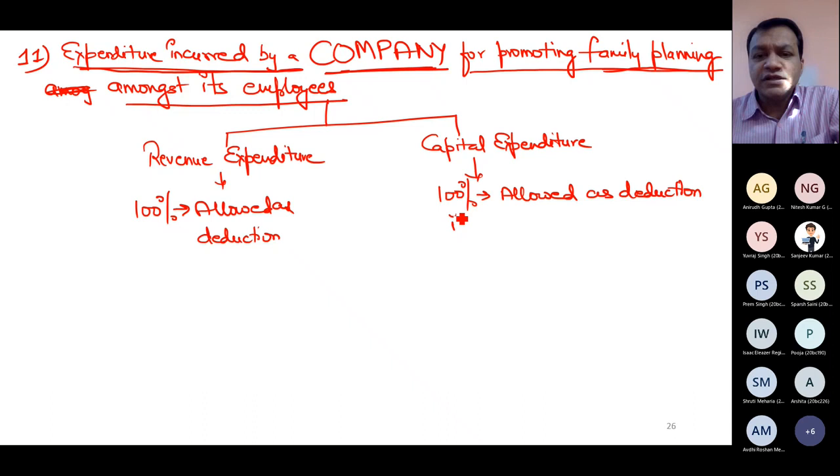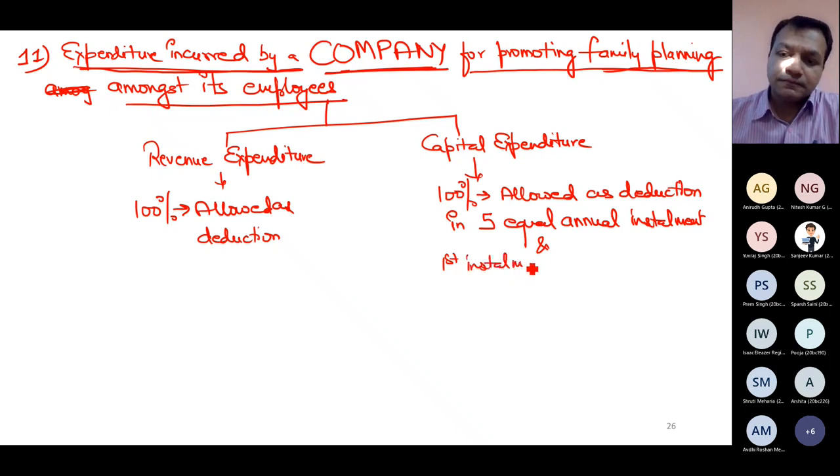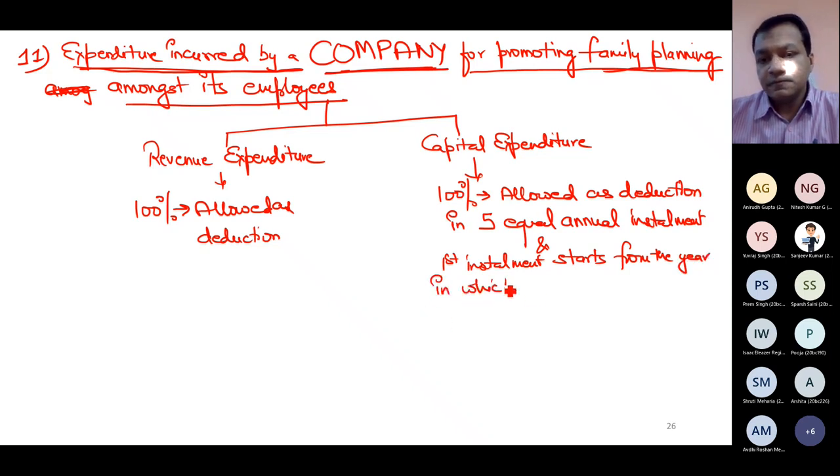The first installment starts from the year in which the expenditure is incurred, and the next 4 years.